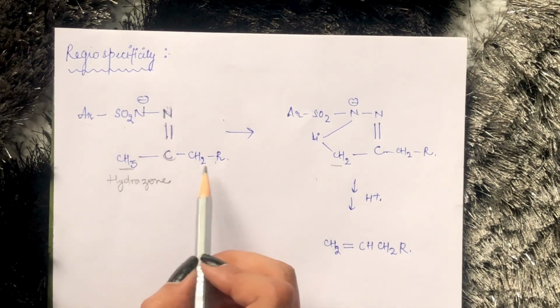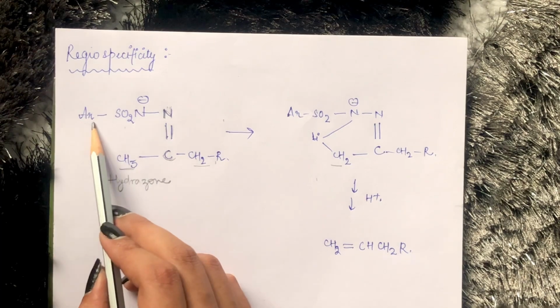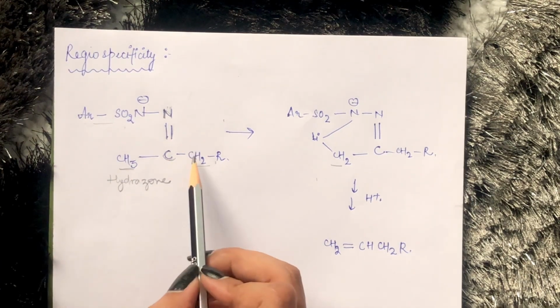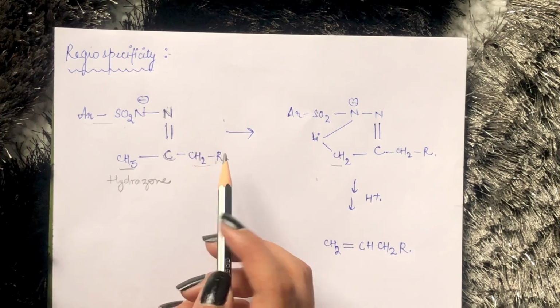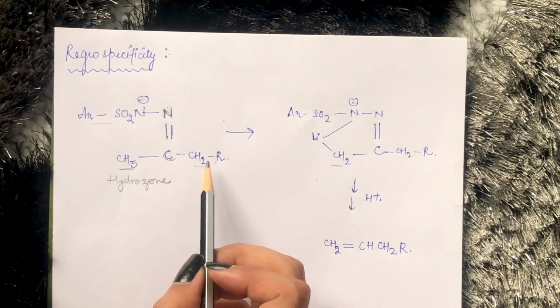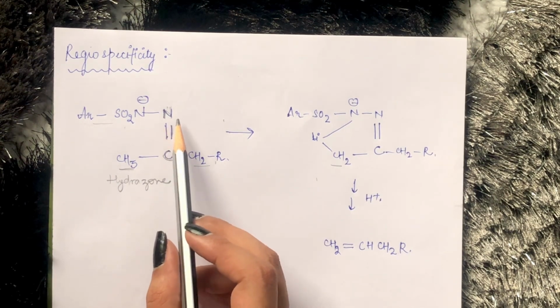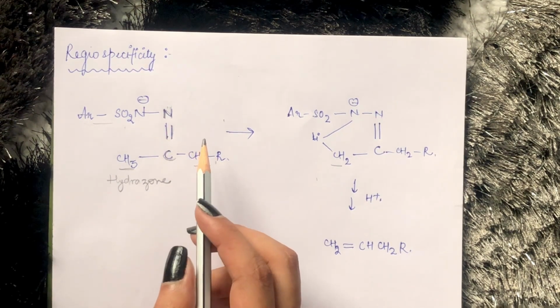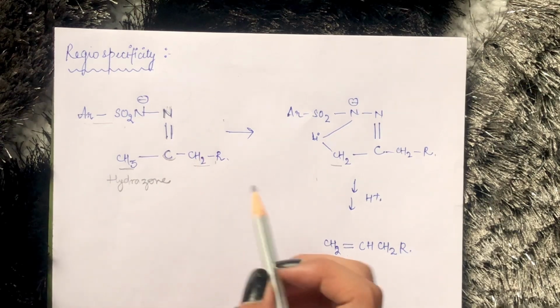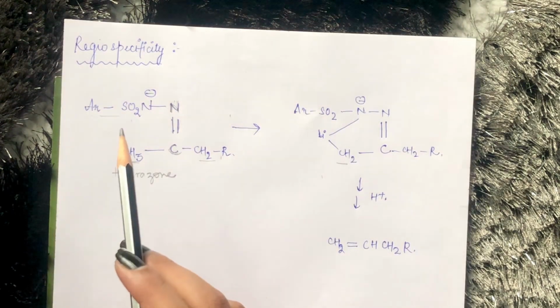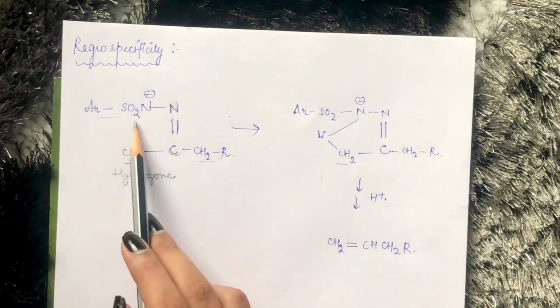Anti just means the opposite side of the arene sulfonyl group. It is not possible as it does not permit chelation, and also C=N is a rigid bond. You cannot rotate it to form the chelate. The proton abstraction syn to the arene sulfonyl group is possible only.